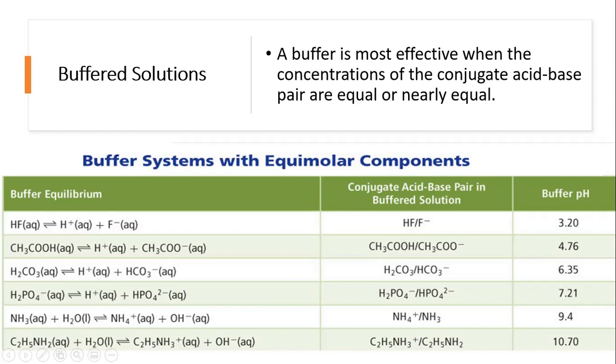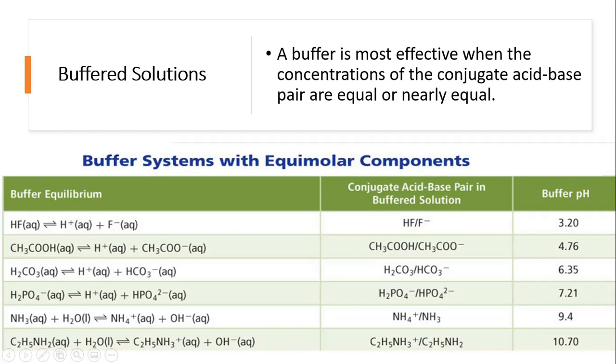So HF is the acid and F negative its conjugate base. CH3COOH is the acid and CH3COO negative its conjugate base. We have NH4 positive and NH3. NH4 positive is the acidic part. So I'm going to say that NH3 is the base and NH4 positive is the conjugate acid of that. You see the buffer pH is different.